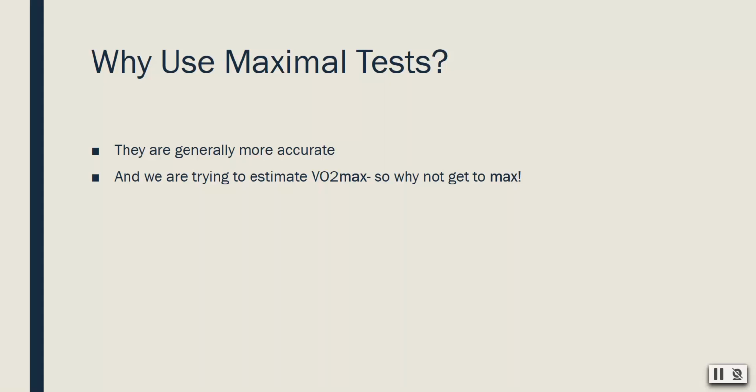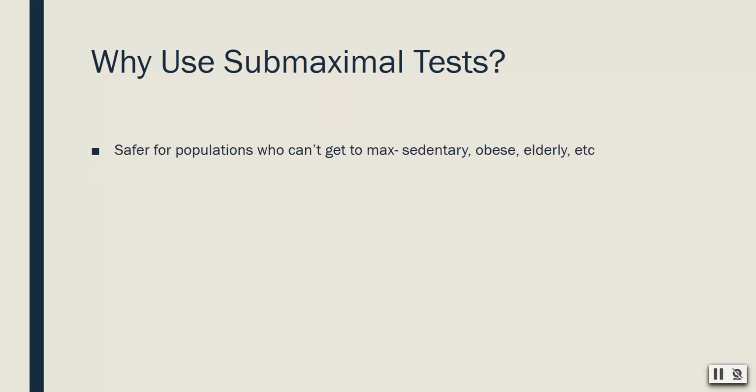When you are working with individuals such as the elderly or sedentary or obese individuals, this may not be the best test to use. If you're working with these special populations, you would probably be better off doing a submaximal test. That way you can still estimate what their 100% would be, but you don't necessarily need to get them there.